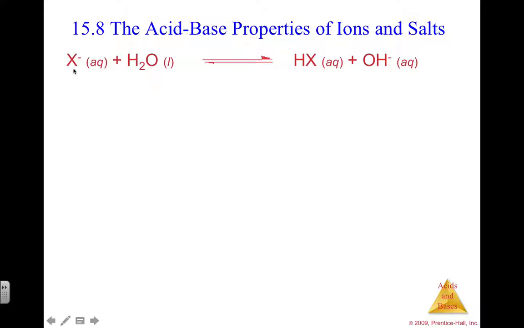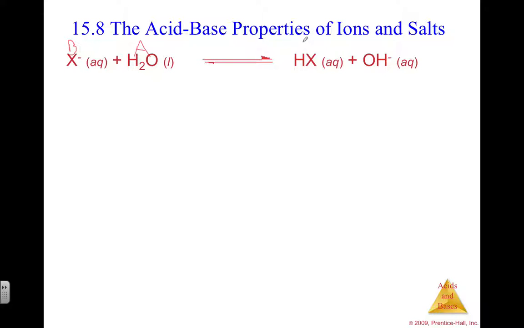So for example, if I have a generic anion X minus reacting with water. Remember, anytime you see a negative sign, think that could act as a proton acceptor to make HX and OH minus. So what is this reaction? Looking up, this would be a base. Water here is acting as an acid.